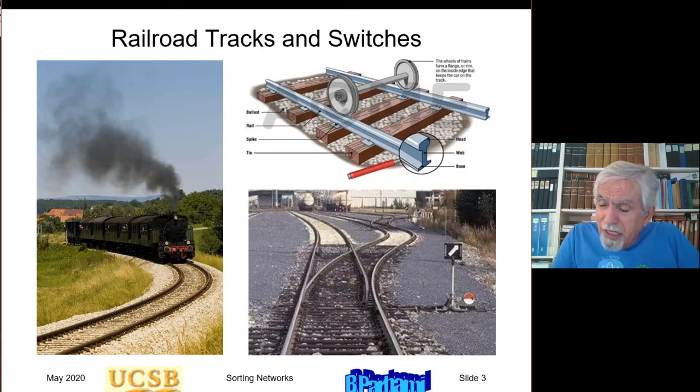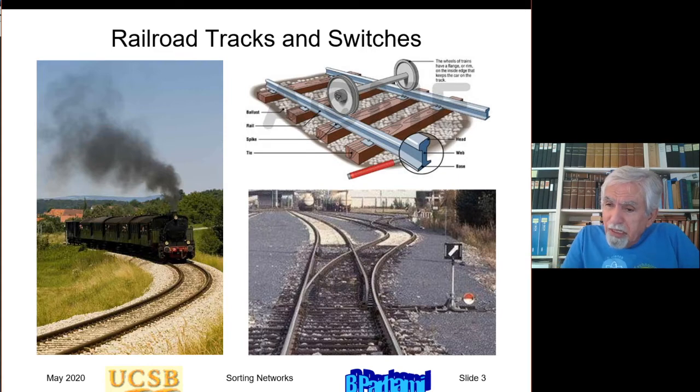Okay, now the first thing that we introduced to this very simple parallel tracks is the notion of a siding or a side track.